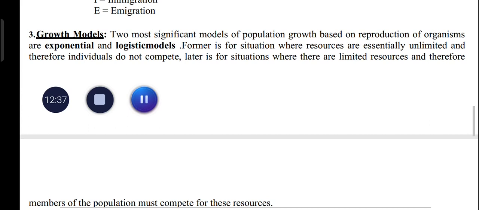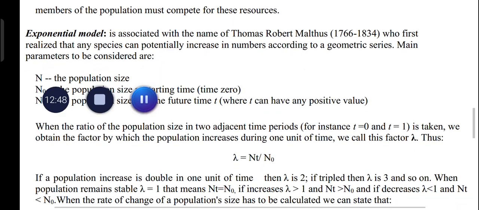Logistic is for situations where there are limited resources and therefore members of the population must compete for these resources. The exponential model is associated with the name of Thomas Robert Malthus, 1766 to 1834, who first realized that any species can potentially increase in numbers according to a geometric series.